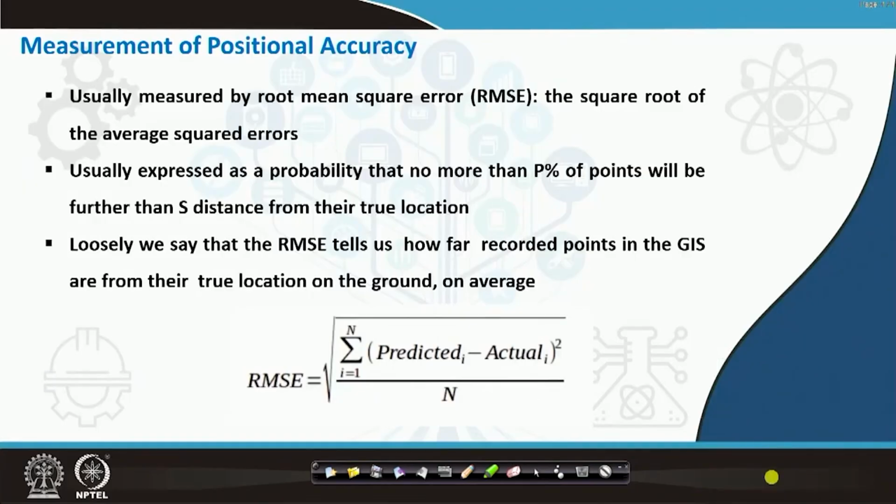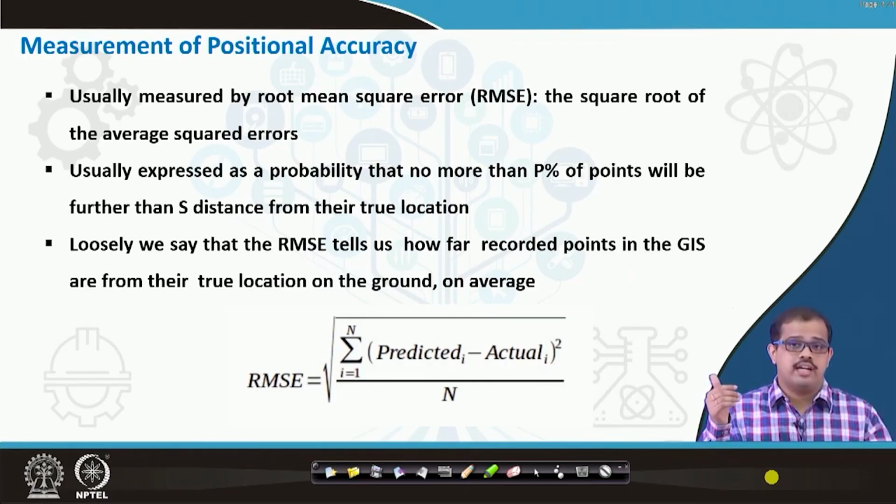When you are looking at the measurement of positional accuracy, this is normally measured in terms of root mean square error, the square root of the average squared errors, that is, between the predicted and the actual location. So it is the root mean square of the averaged errors in the entire data set or the entire data layers that you consider. That is how it is measured.